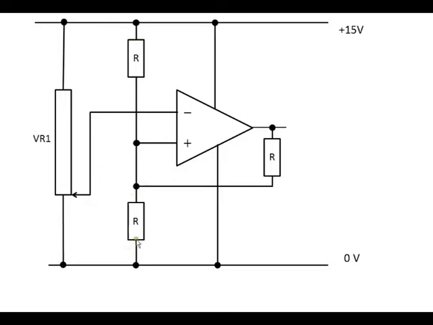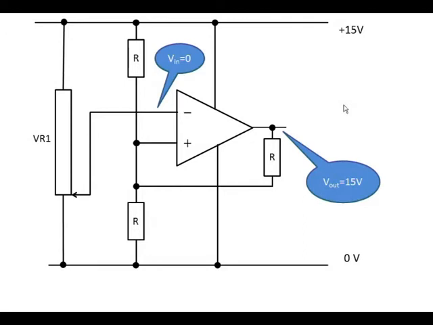These are three resistors, and they're all identical. Because the inverting input Vin is currently at 0 volts, the output will be at 15 volts. Now, because the output is at 15 volts, this point in the circuit where this resistor is connected to the output of the op amp is in effect connected to the plus 15 volt rail.